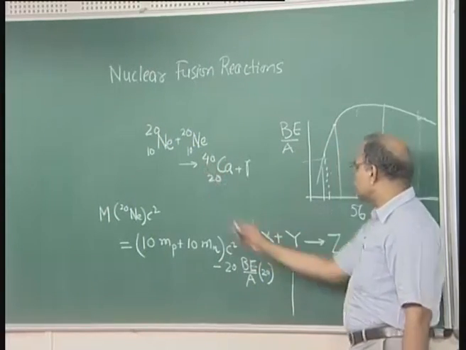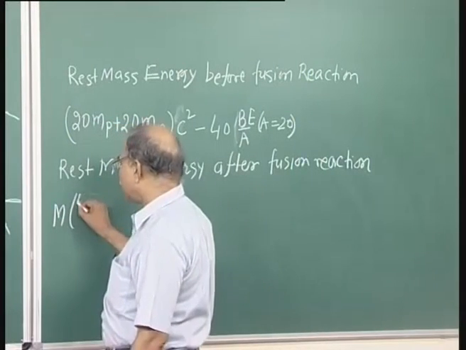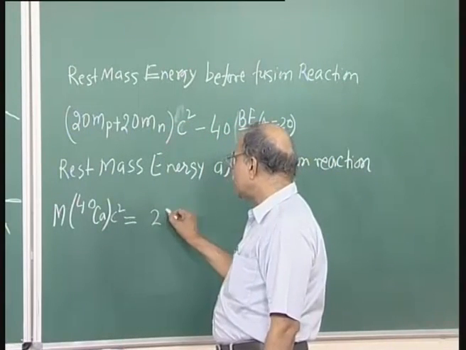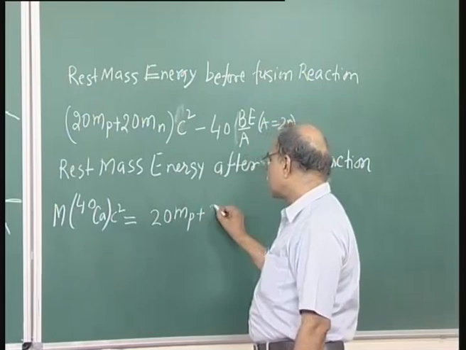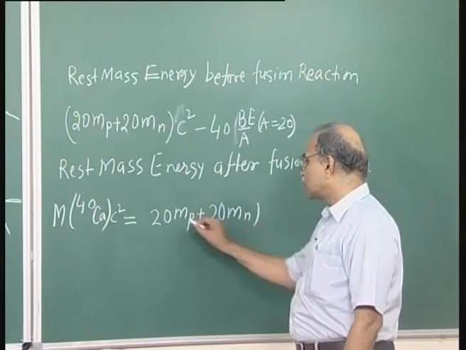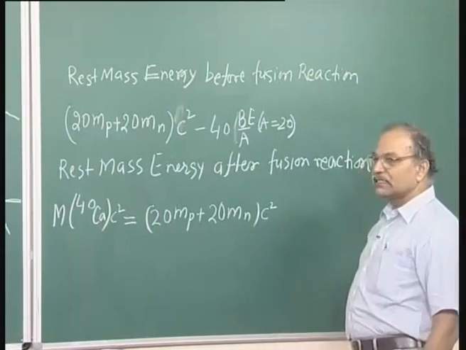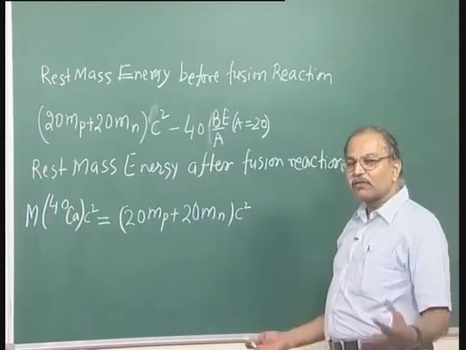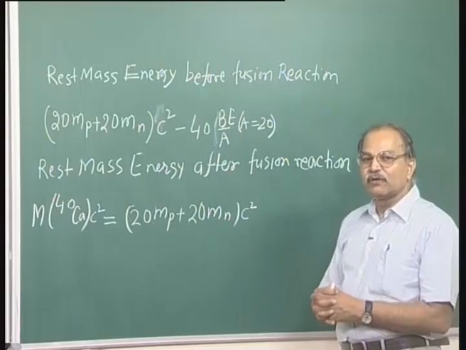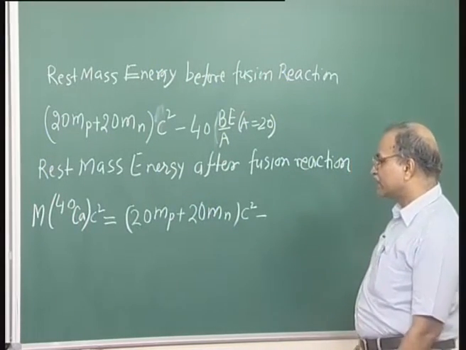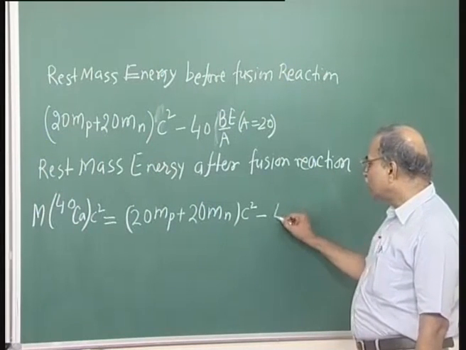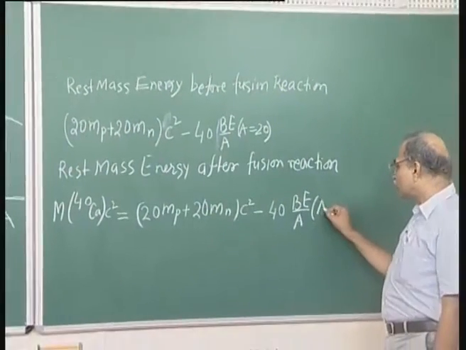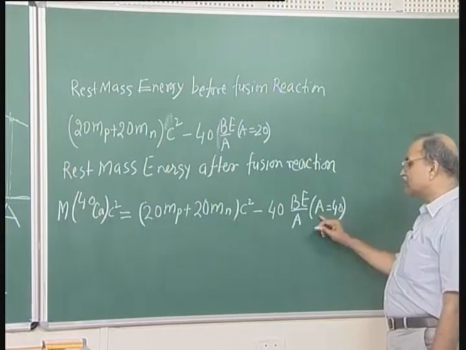So, the rest mass energy of this, mass of 40 calcium times C square, this will be 20 mass of proton plus 20 mass of neutrons times C square, that is the rest mass energies of these nucleons if they are widely separated from each other, but they are not, they are all bound in this calcium nucleus, therefore minus binding energy, and that binding energy will be 40 times binding energy per nucleon at A equal to 40, because now you have a nucleus with A equal to 40.